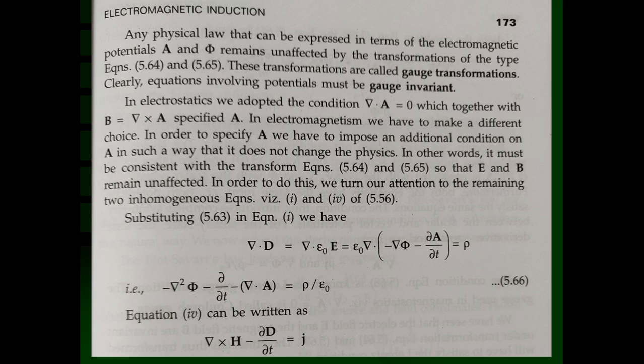So, if you are learning any physical laws related to the scalar potential and vector potential, and the vector potential is transformed from A to A dash, where A dash is equal to A plus del psi, and the scalar potential phi is transformed to phi dash, where phi dash is equal to phi minus del psi upon del t, then the new values A dash and phi dash will not affect the physical laws you have studied, and this transformation is known as a gauge transformation.